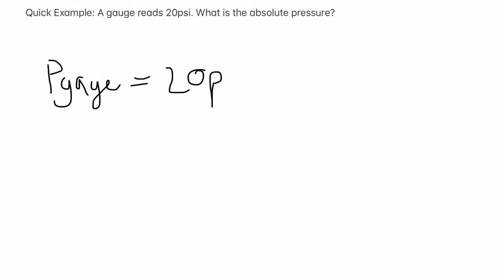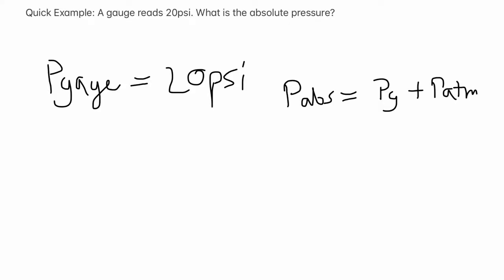All right, so we've got a quick example here. We have that our gauge pressure is reading 20 psi. And we know from our relationship that our absolute pressure, PABS, is equal to our gauge pressure, PG, plus our atmospheric pressure, PATM.